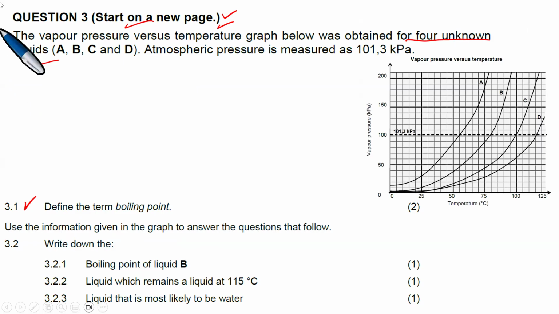They ask this even in matric. So what is the boiling point? Okay, let me define a boiling point as a chemistry student, as a chemist.